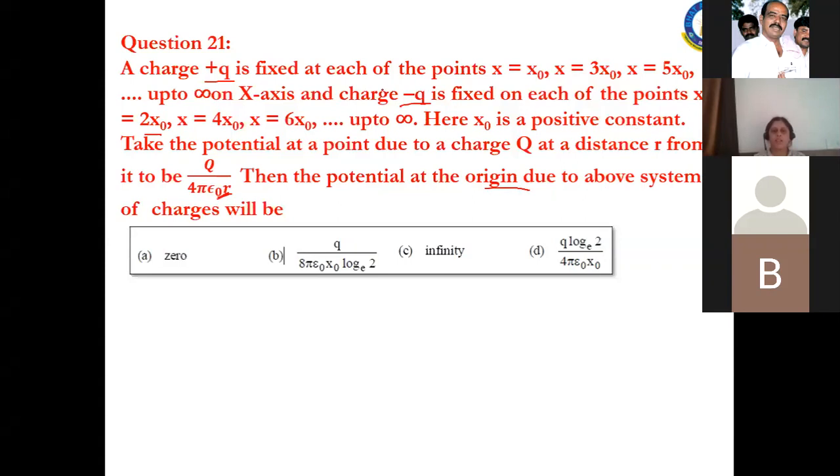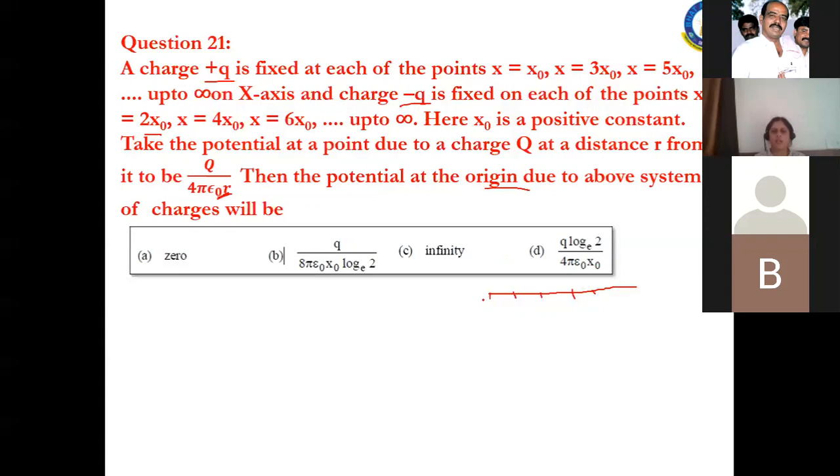So now here you can see that the charges plus q and minus q are placed, like if you have an x-axis like this, you have points 1x naught, 2x naught, 3x naught, 4, 5, like that. You have alternate positive and negative charges.